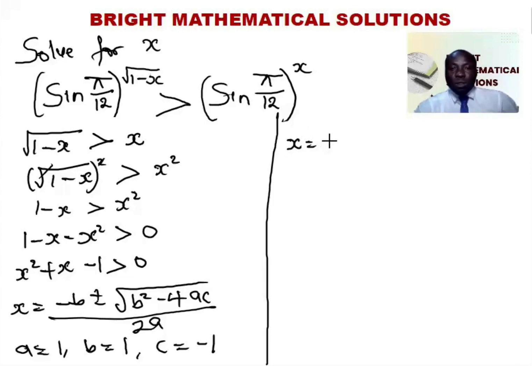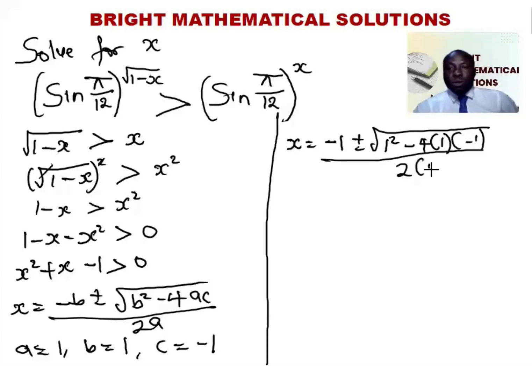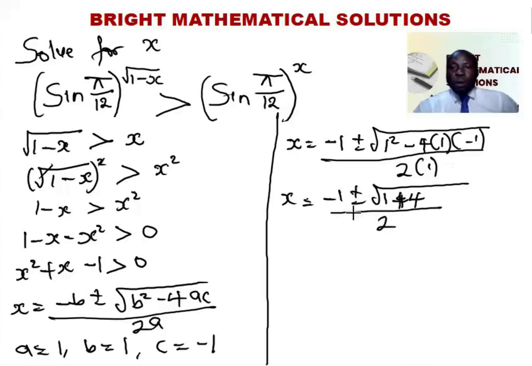X equals minus 1 plus or minus root, this is b, 1 raised to the power of 2, minus 4 into 1 into minus 1, all over 2 into 1. Therefore x equals minus 1 plus or minus root of 1 raised to the power 2 is 1, minus 4 multiplied by 1, that's minus 4, minus 4 multiplied by minus 1, that is plus 4, all over 2 multiplied by 1, which is 2.